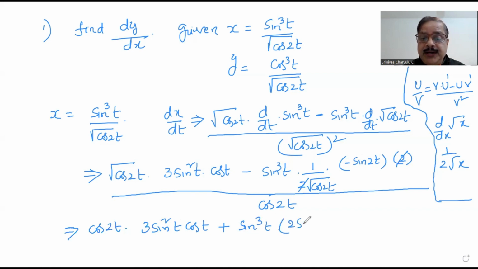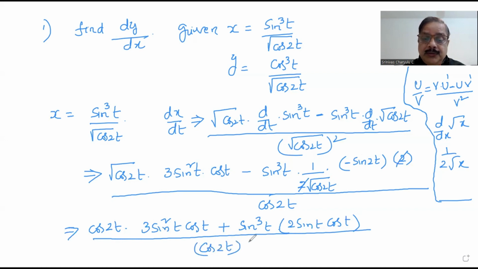This you write it as 2 sin t cos t. Entire thing divided by this root of cos 2t will come and multiply this denominator cos 2t, so cos 2t into root of cos 2t. Okay, you are following now?